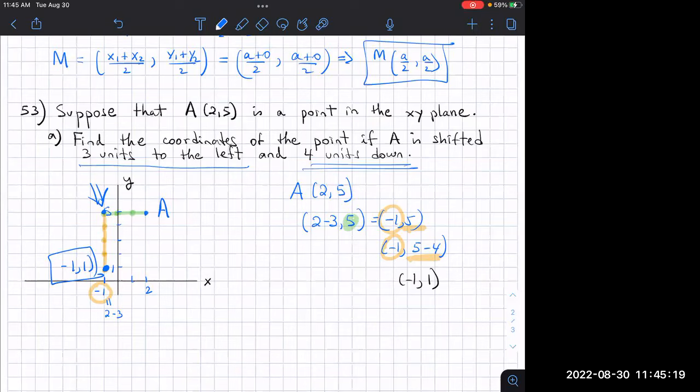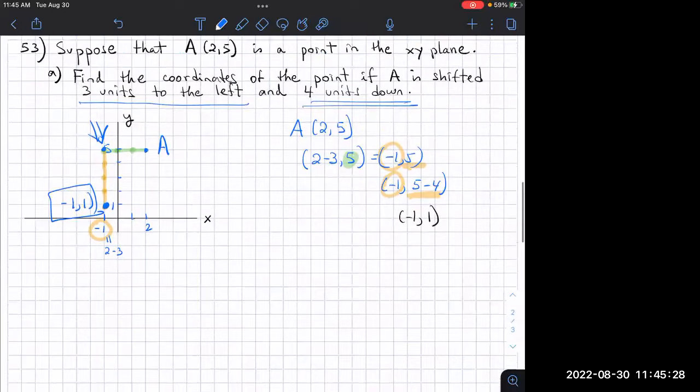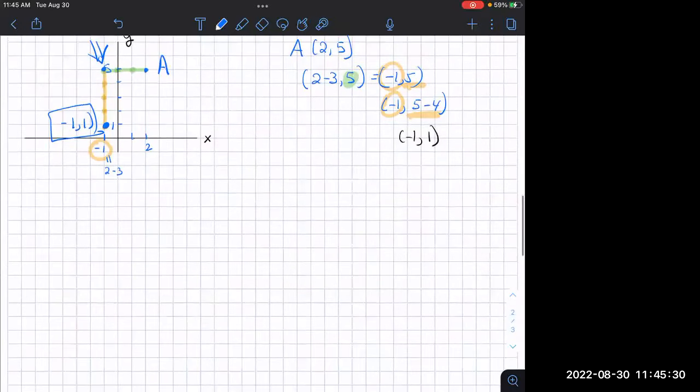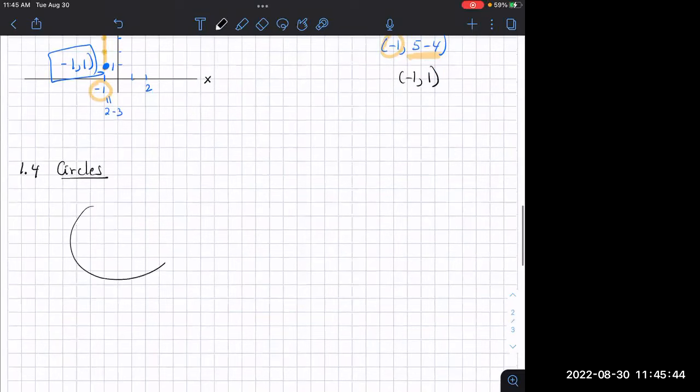Now we skip to 1.4. And we're doing circles. And circles is a nice application of the distance formula. Okay, so we all think of a circle as some kind of a shape like this, right?